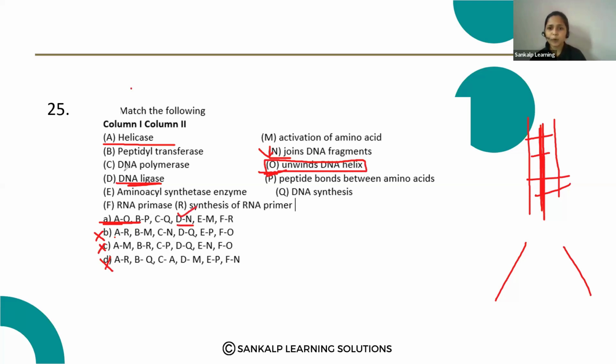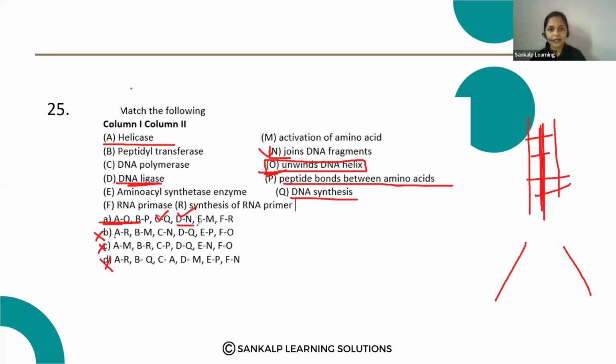Then DNA polymerase. What is the function of DNA polymerase? That is DNA synthesis, adding nucleotides and synthesizing the DNA. That is also the correct answer. Then peptidyl transferase forms the peptide bonds between the amino acids.